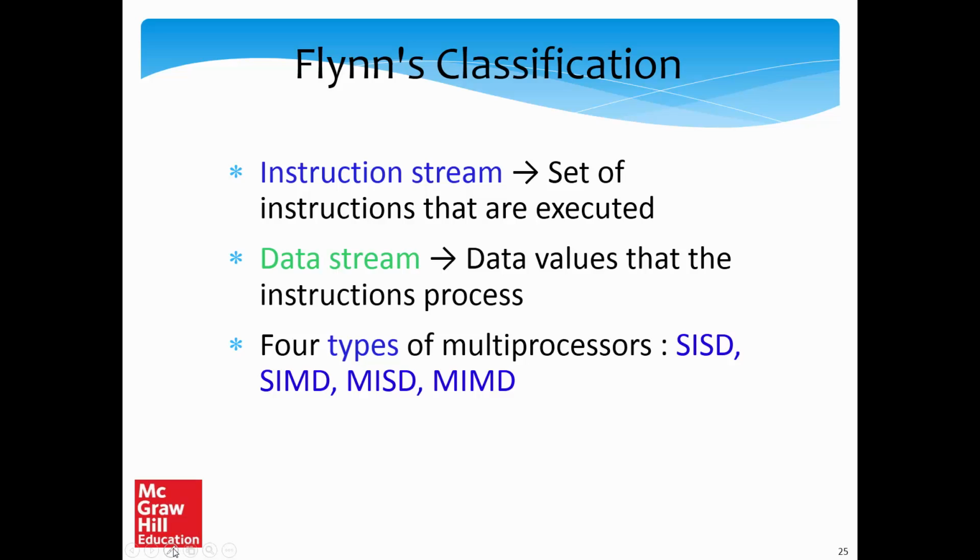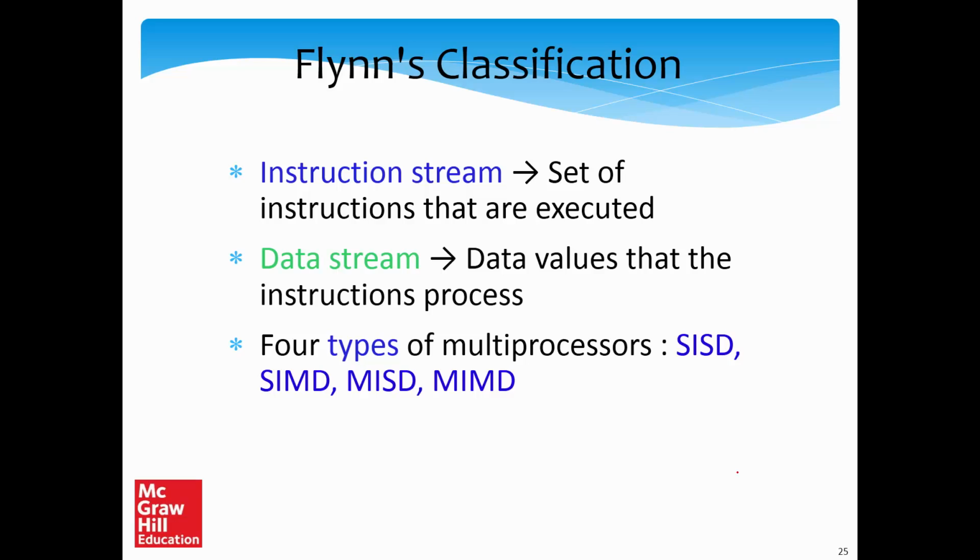So let us restart with Flynn's classification. As discussed in the previous lecture, the instruction stream refers to the set of instructions that are executed, and the data stream refers to the data that is being accessed.